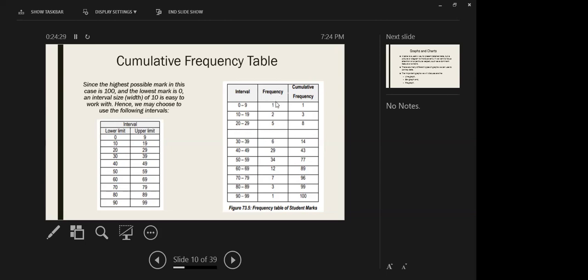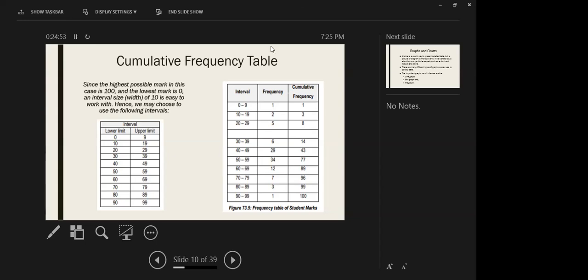But when you are asked to create what is called the Ogive curve, if you go check in the study module, under the first unit, that Ogive curve is created from this column here, the cumulative frequency.